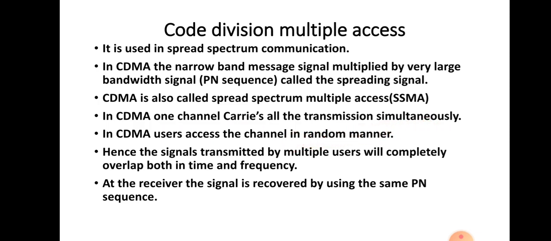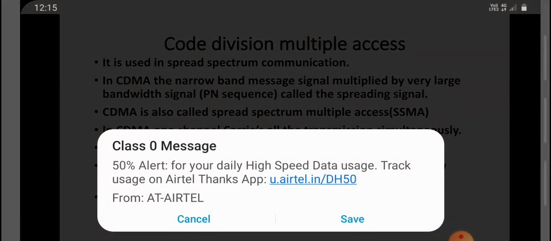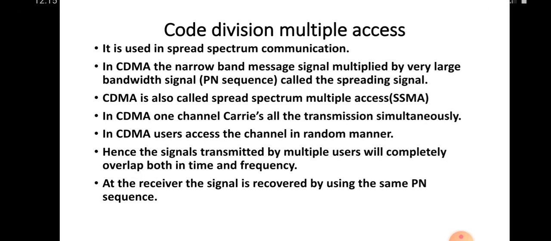In the case of CDMA there will be a particular bandwidth for the communication, and that bandwidth is completely utilized by the transmission. That means different users can at the same time transmit the data, and all the different users will be utilizing the complete bandwidth.